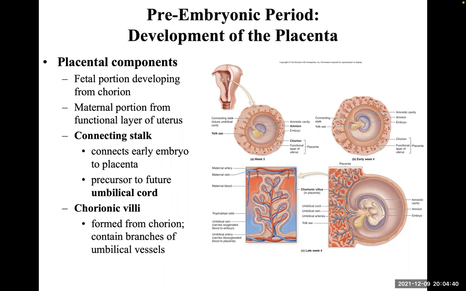But let's say 25 years ago, before they had the test where they could just do a maternal venipuncture and harvest fetal DNA from maternal blood. Before that occurred, in order to test fetal DNA, you had to access fetal blood. And the only way to do that would be through chorionic villi testing.